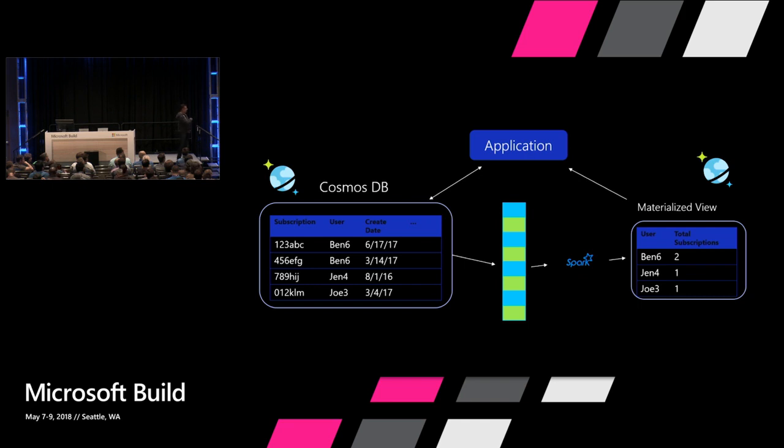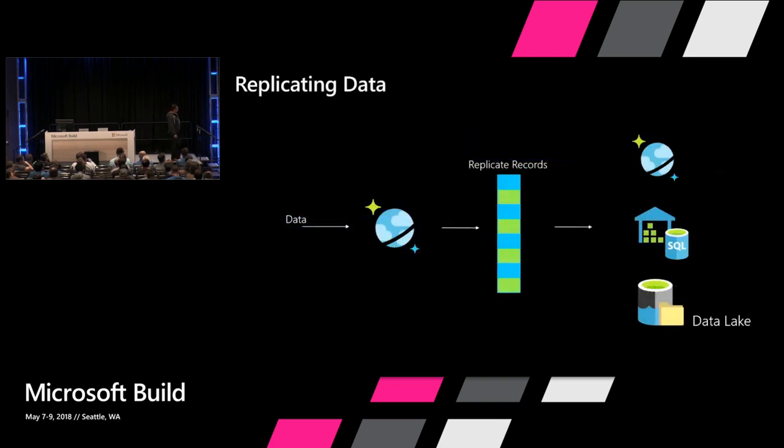You can use Spark, create the view, and put it back into Cosmos DB in another collection, and have your application look at both the data coming in and the aggregated data also. So that's another way. Third is, we talked about replicating the data, moving the data to cold storage for long-time keeping.